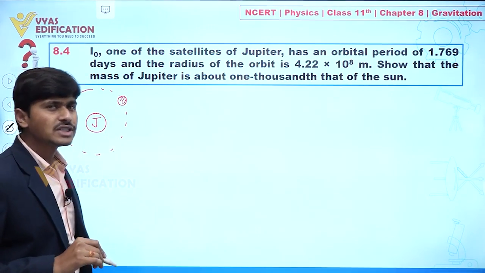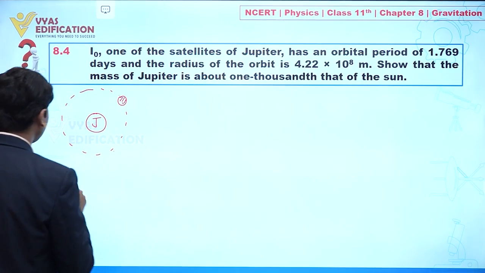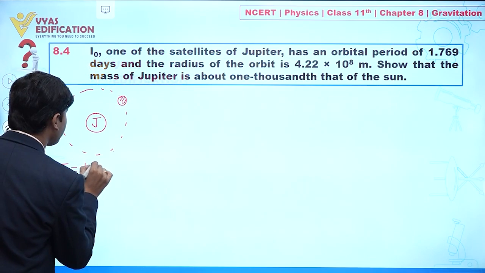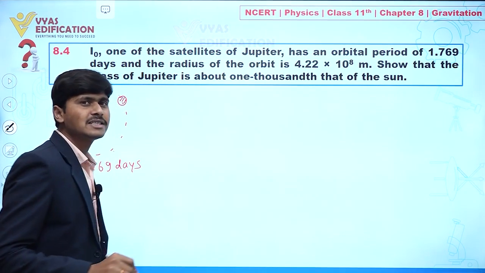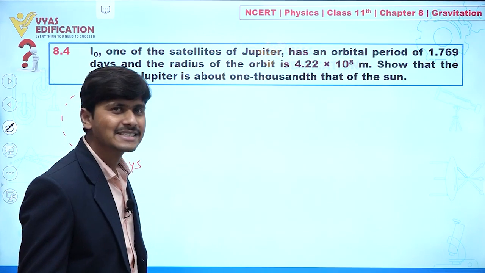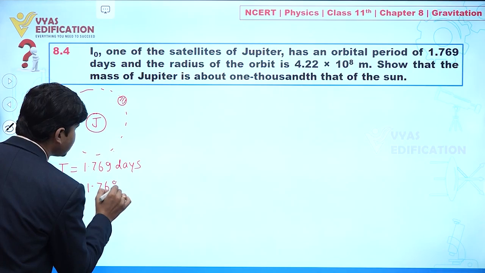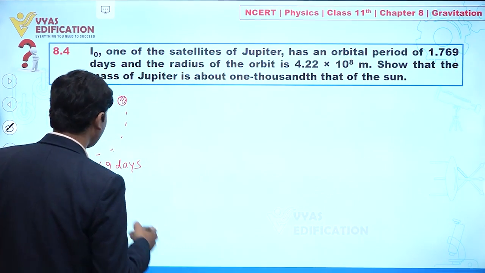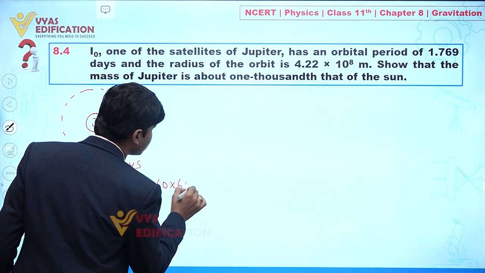In this question it is given that it has an orbital period. Orbital period means time period, this is given as 1.769 days. So can we convert these days into seconds? Yes. In one day we have 24 hours, and in one hour 3600 seconds.